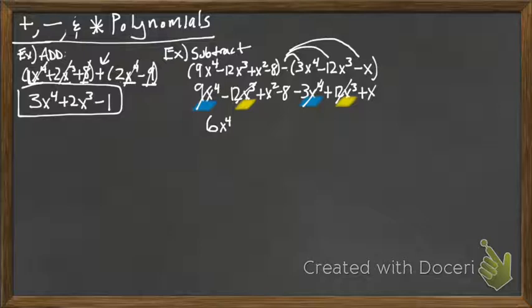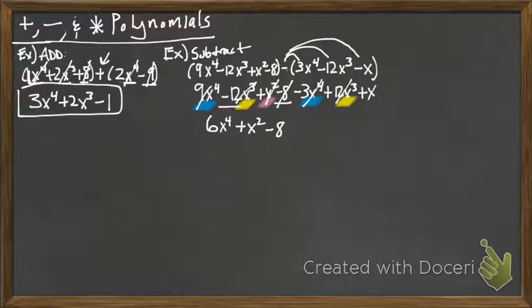Now let's see if I have any x squareds. I have an x squared there. Unfortunately, there's no other x squared, so it's just going to be positive x squared. Cross that out. And now I have an 8, but there's no other constant term. I'm going to write minus 8, cancel that out.